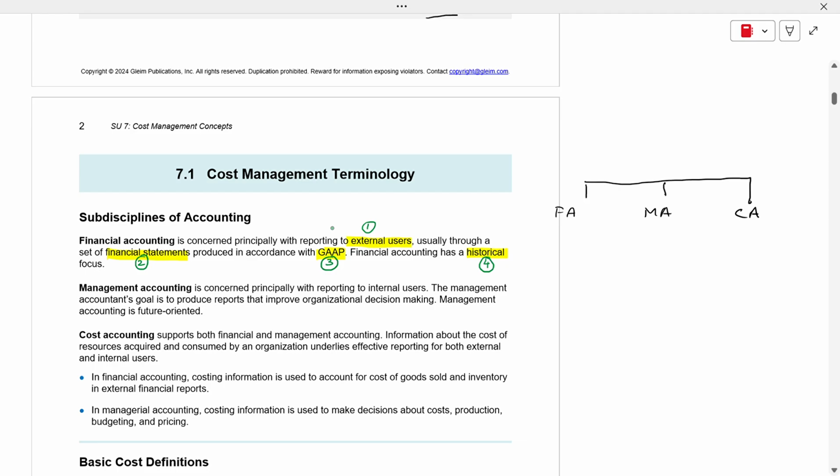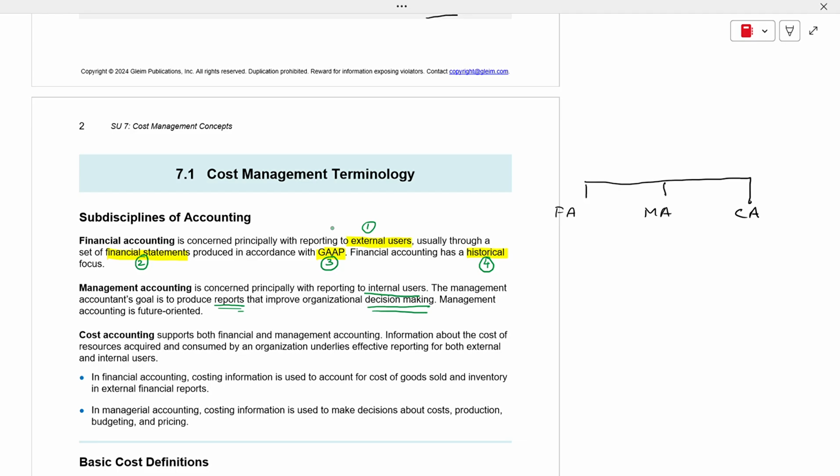Now what is management accounting? Management accounting is for internal users, for the managers. The management accounting goal is to generate reports so that we can make decisions. The decision making process is with respect to management accounting.